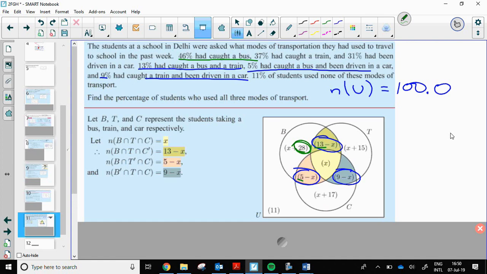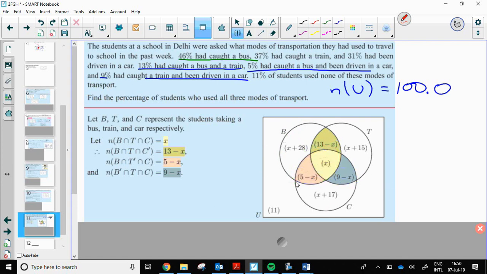Well, if we look at this whole circle, the whole thing needs to add up to 46. And we've got a minus x and a minus x, and here's a plus x. We need another plus x there to cancel out with the other minuses so we can get a grand total of 46.